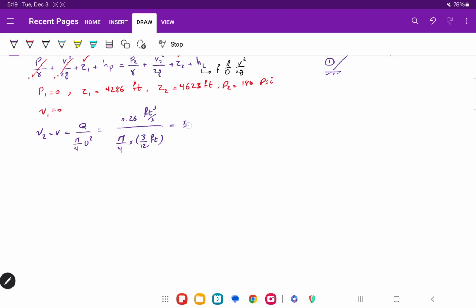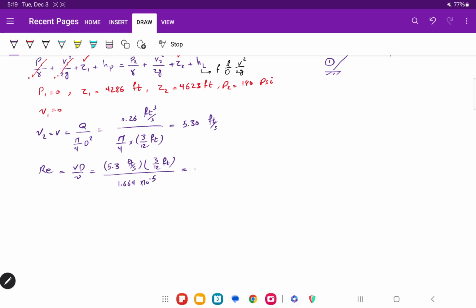So velocity is 5.3 feet per second. So this is the velocity. By having the velocity, you can calculate Reynolds number, Vd over nu: 5.3 feet per second, 3 over 12 feet, over nu, 1.664 times 10 to the minus 5.